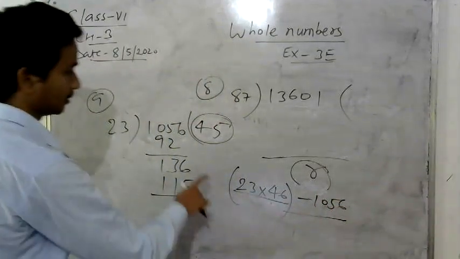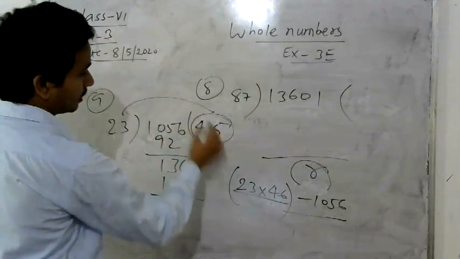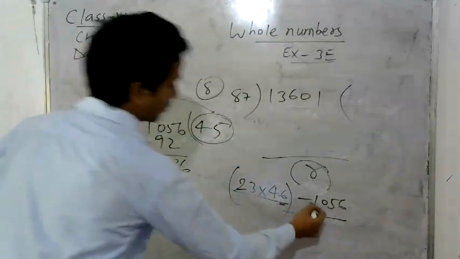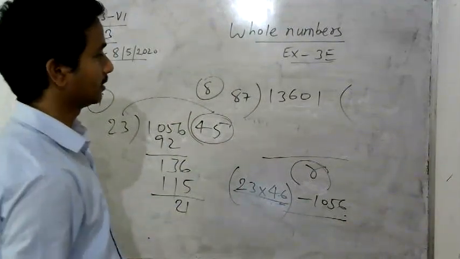You will get the answer. The required number to be added is 23 multiplied by 46, minus 1056.